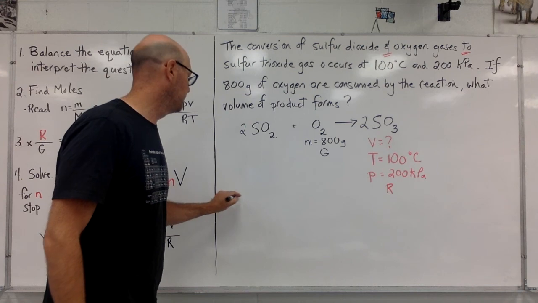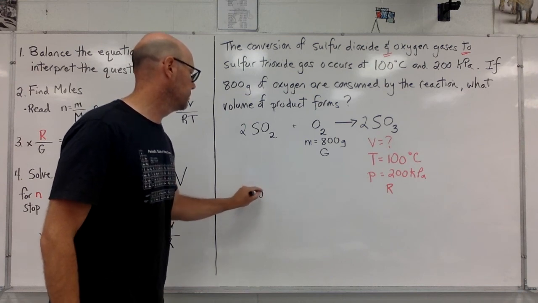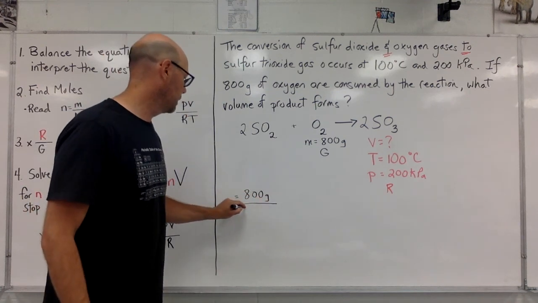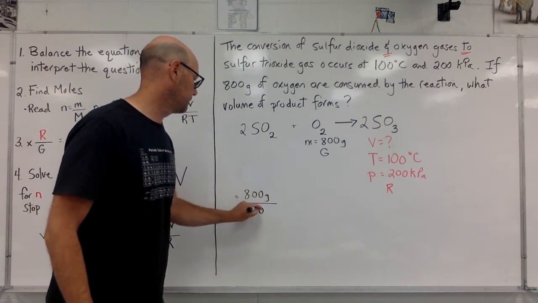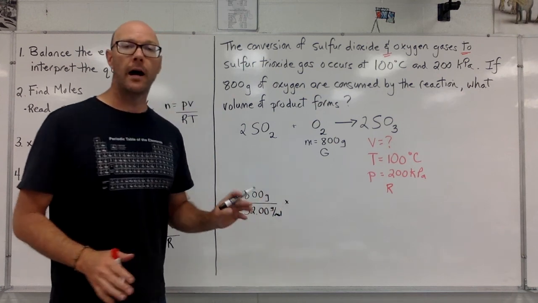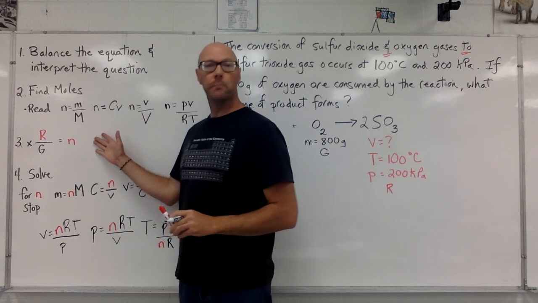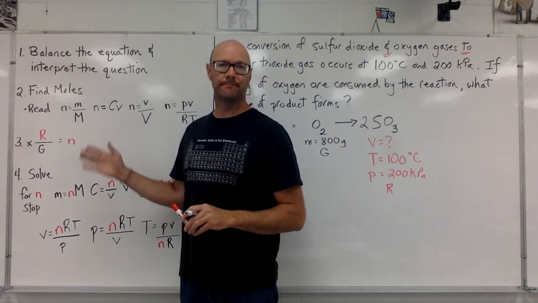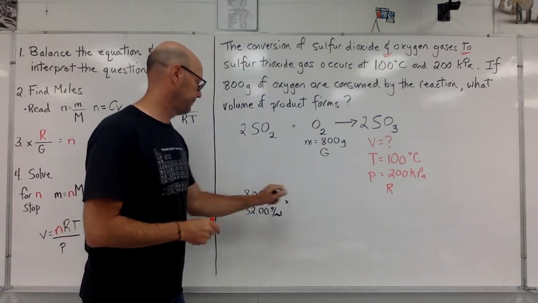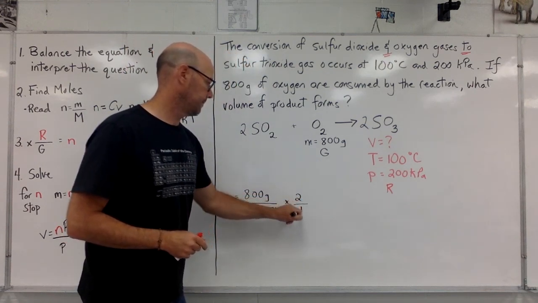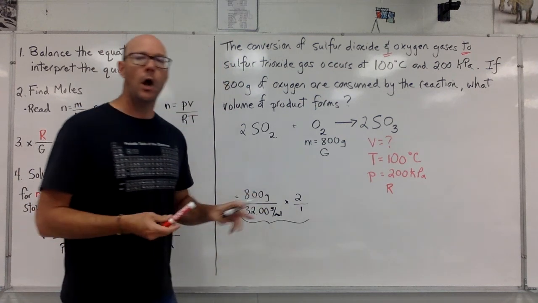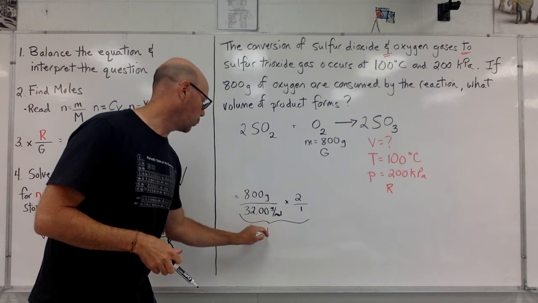We have our 800 grams of oxygen over the molar mass of O2, 32. Find moles. Our next step, multiply by R over G. This whole thing represents what we've been calling red N.